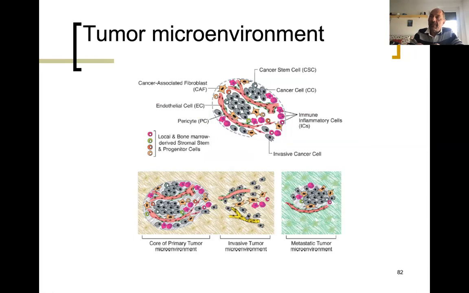As I said, the vision of the tumor as a set of cancer cells attached together is very simplified. The real world is much more complicated than you see here. The tumors are tissues where you have cancer stem cells, immune inflammatory cells, invasive cancer cells, endothelial cells, fibroblasts, and so on. And you see that's how you can generate a metastasis from here.